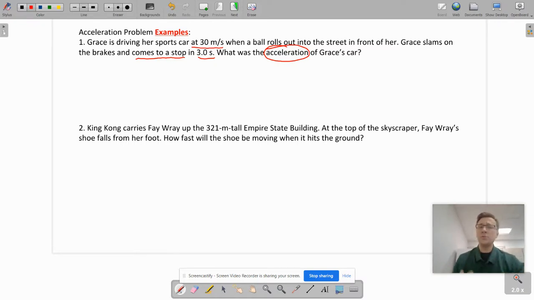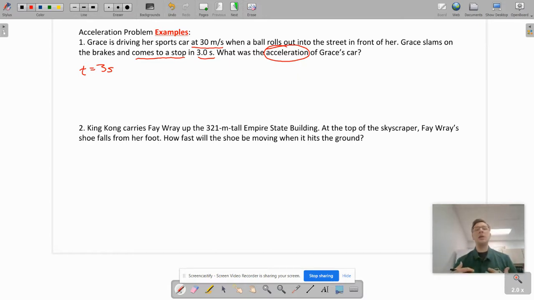I always have you guys write your variables, the givens and the unknown, down. So one thing that's obvious here would be the time, right? So the time here is 3 seconds, and then it's given us a velocity, but we actually have 2 velocities that it's given us, and you're going to want to think about initial and final velocities in these types of problems. So she's driving her sports car at 30 meters per second.